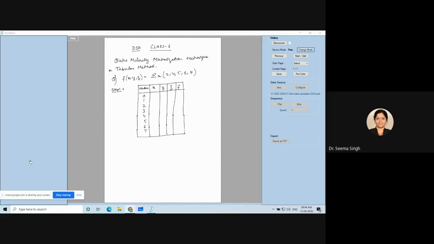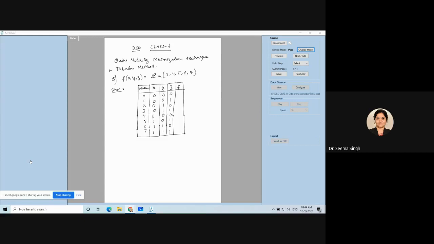Because it is a 3 variable term, it ranges from 0 to 7. I have written all 0 to 7, and I will write it in binary form also.